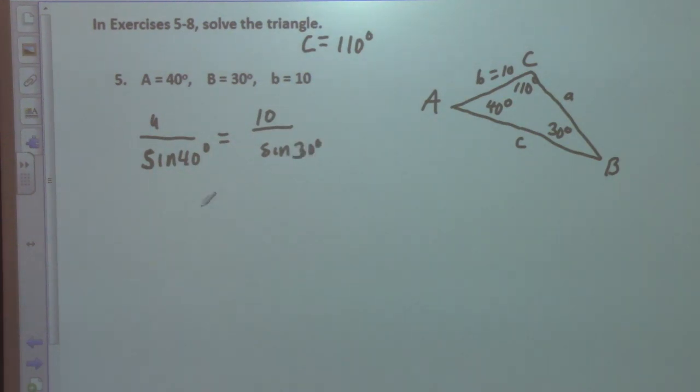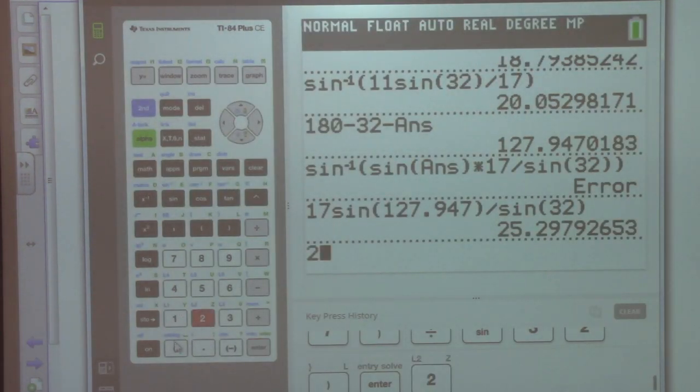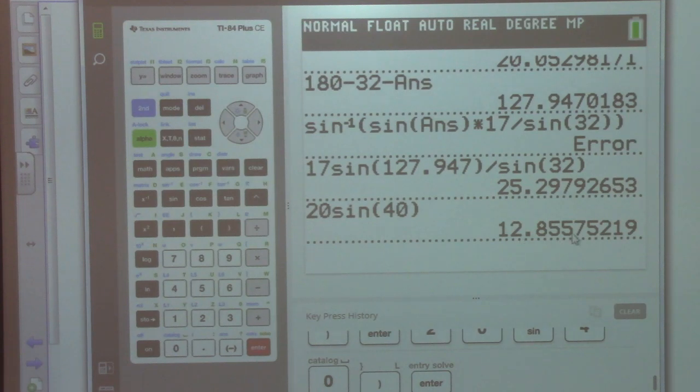And so now solving for a, a is equal to 2 times 10 times sine 40 degrees. So a is approximately equal to 20 sine 40 degrees. Where did I get that? So I get 12.856, is that it?